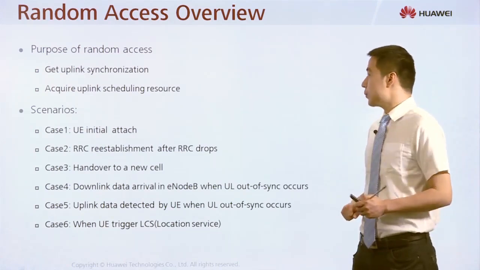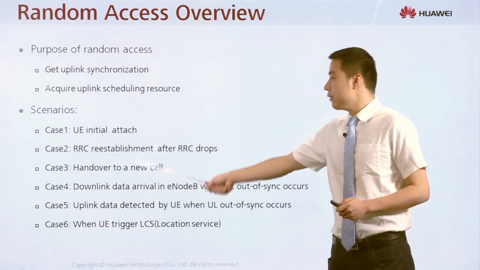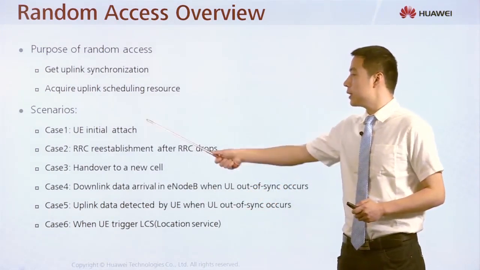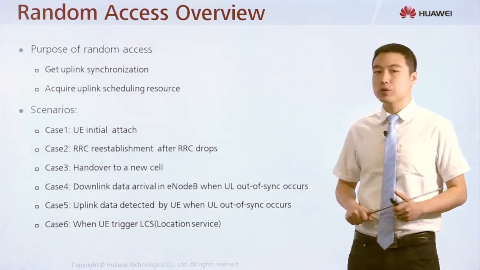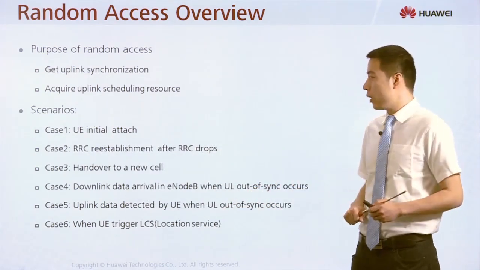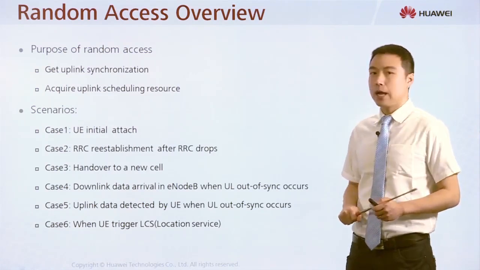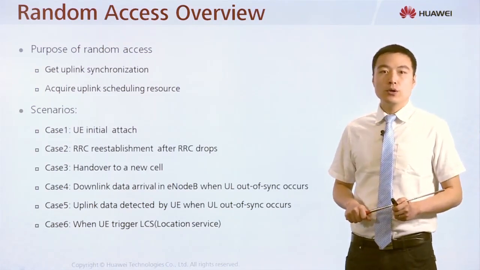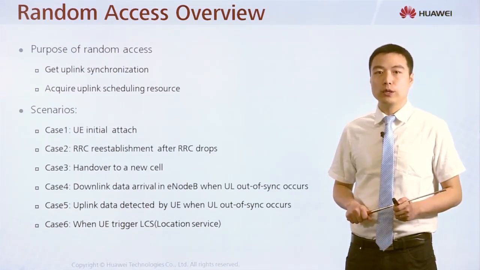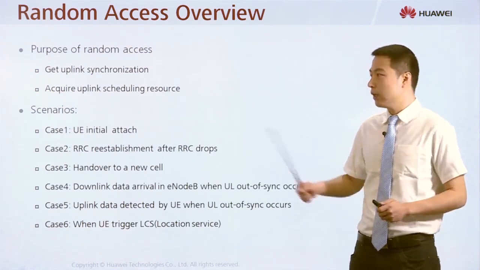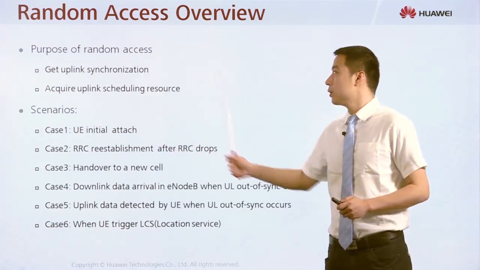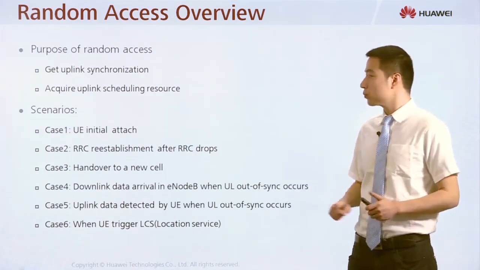For the random access procedures, we have 6 different scenarios. In these 6 different scenarios, we will use random access. Case 1, initial attach. UE doesn't have any connection with the network. UE stays in idle mode. If UE wants to build a new connection with the network, initially UE will do the random access.